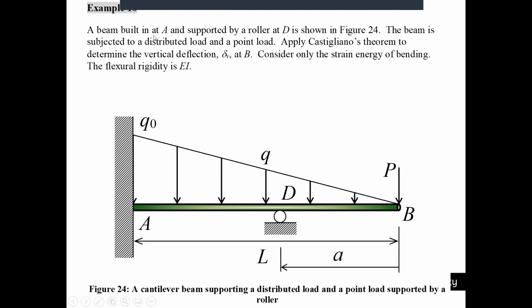A beam built in at A, supported by a roller at B. Okay, there's a roller. Here you should know the difference between a roller support, a simple support, and other kinds of supports, which have different reactions. Sometimes there are no horizontal reactions, only vertical. Sometimes both are available, and sometimes a bending moment is also available.